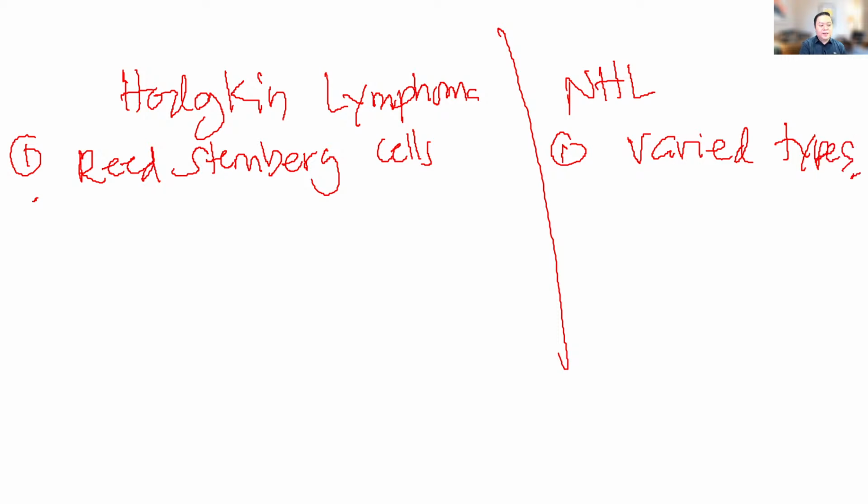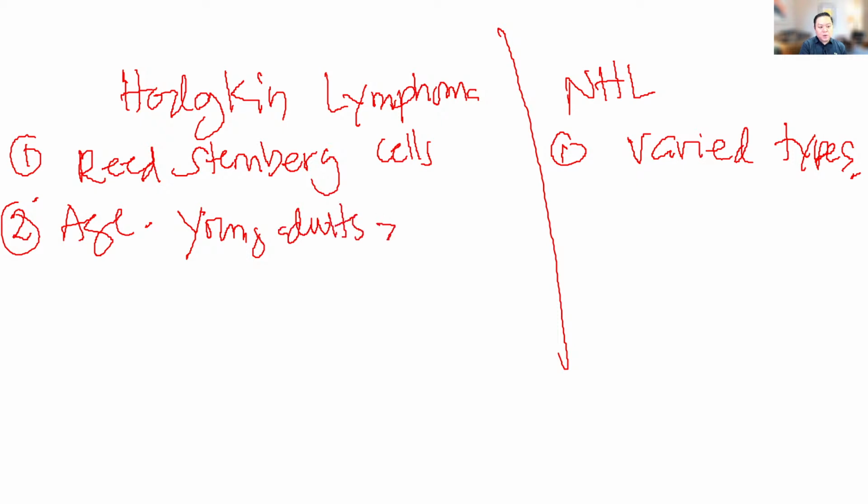Okay, what about the age? Remember about the young adult and the older adults? Okay, so the occurrence of the Hodgkin lymphoma can attack those two main age groups. It will peak in the young adults and also the older adults.